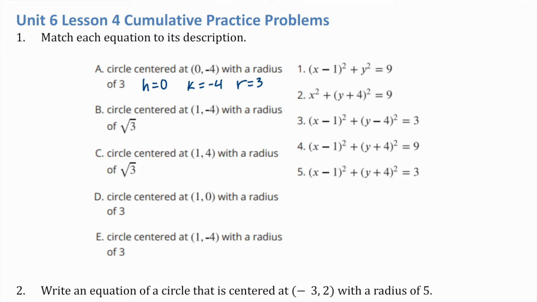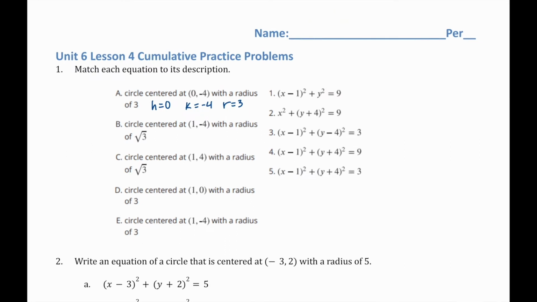Our general formula for a circle, let me write this in a bolder font in black at the top, is (x minus h) squared plus (y minus k) squared equals r squared.